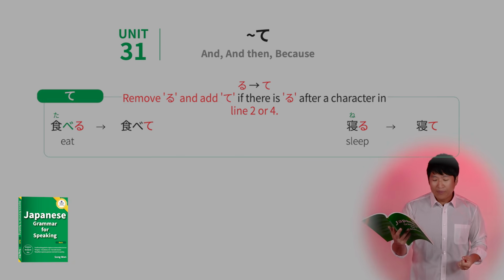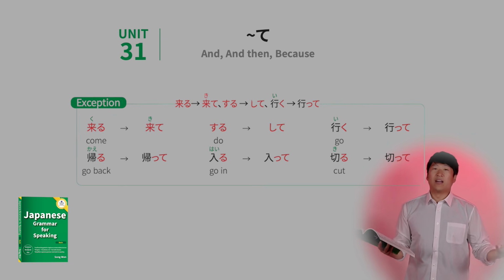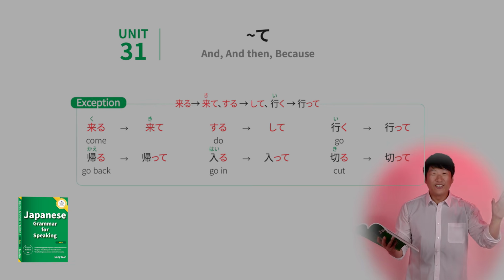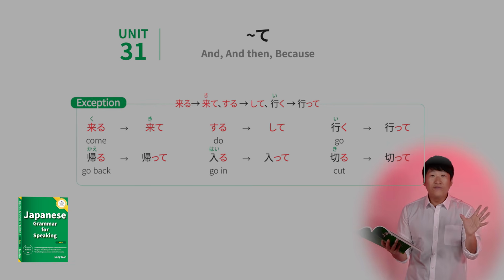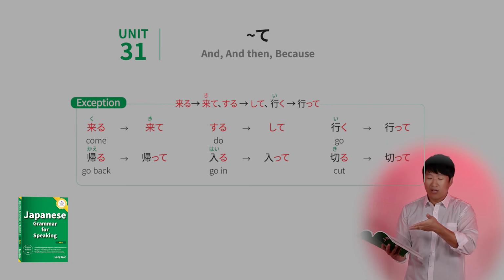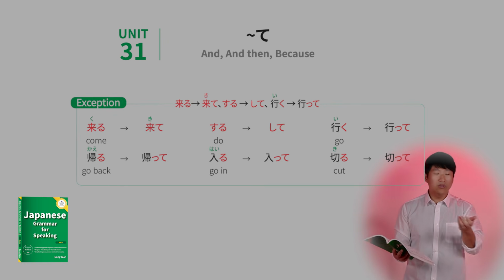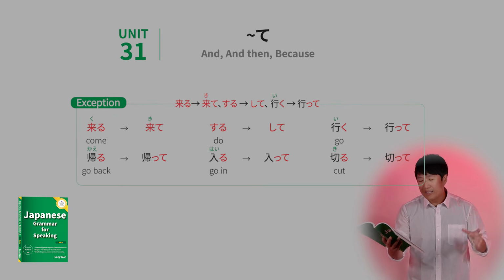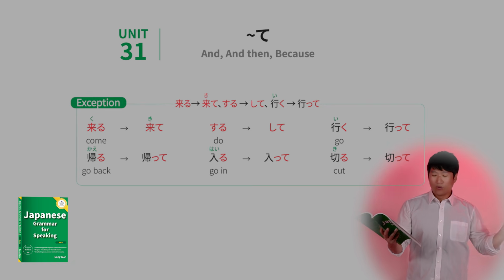And exceptions. Here, we have to memorize this, alright? Don't hate me because I didn't make Japanese. Alright. Kuru, kite. Suru, shite. So every suru word, just make it shite. Suru, shite. Undou suru, undou shite. Benkyou suru, benkyou shite. Shigoto suru, shigoto shite. Just like that. Alright. Iku, itte. Alright. Next one.